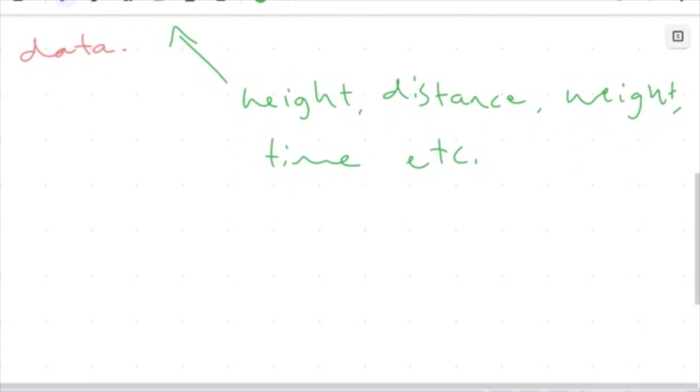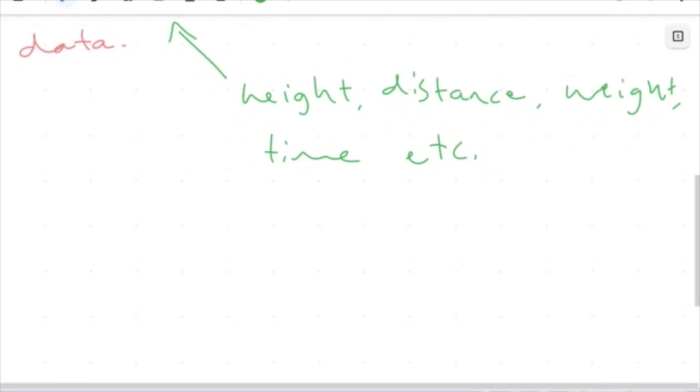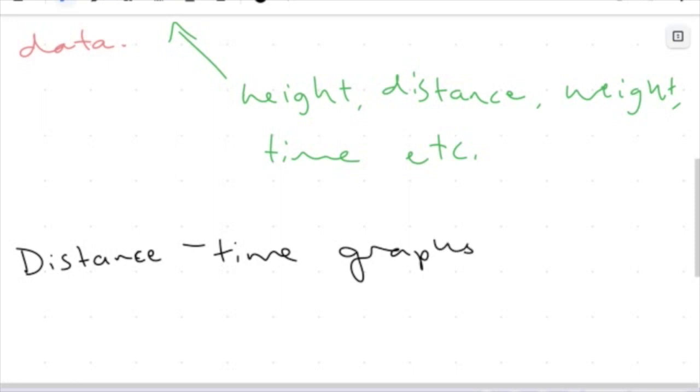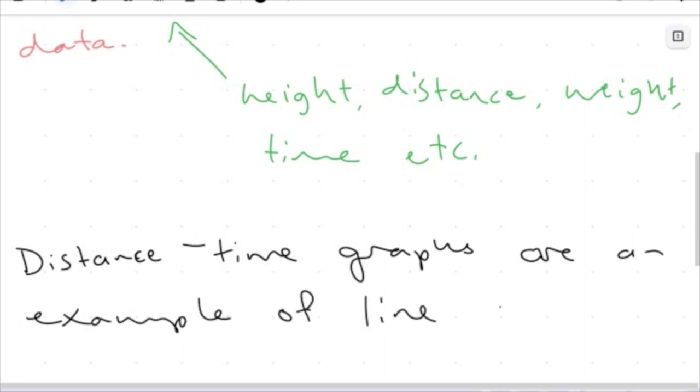This was the idea of rates, and in particular, speed, the relationship between distance and time. So these distance-time graphs we looked at are an example of line graphs.